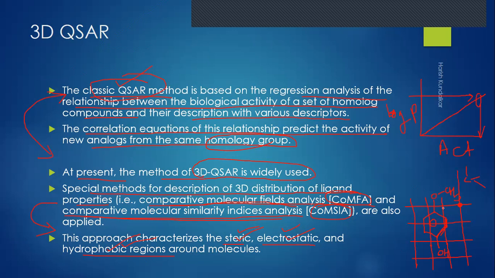Okay, so let me draw one more intersection here. Let me draw it like this: H, H and H, the CH3 group. So all the properties of this hydrogen will be calculated by this particular probe which is placed at this intersection. When the probe moves on to the next intersection, it will calculate the properties of the next hydrogen.